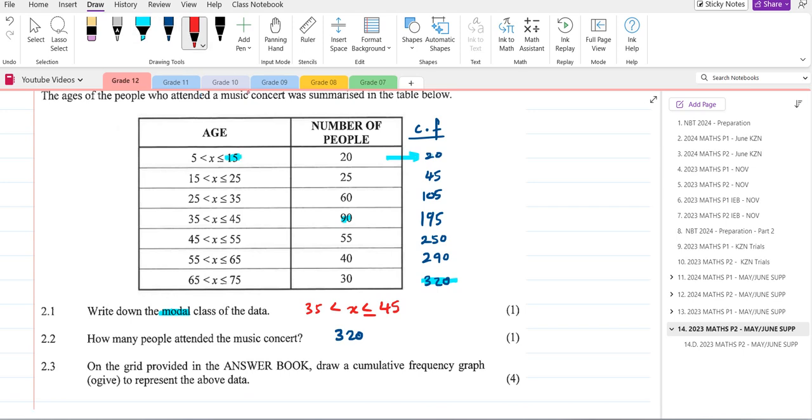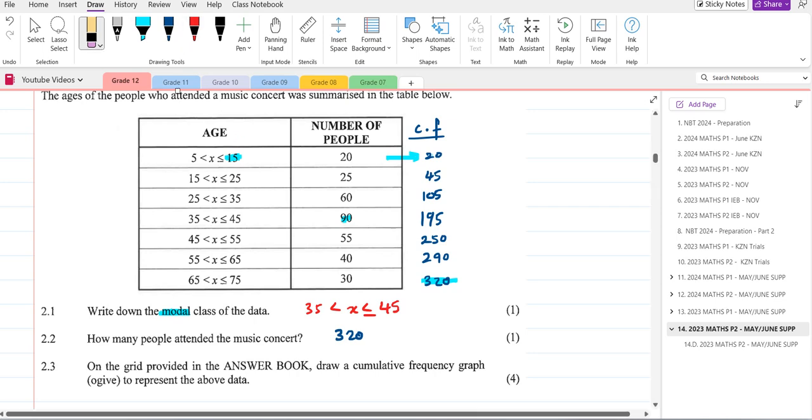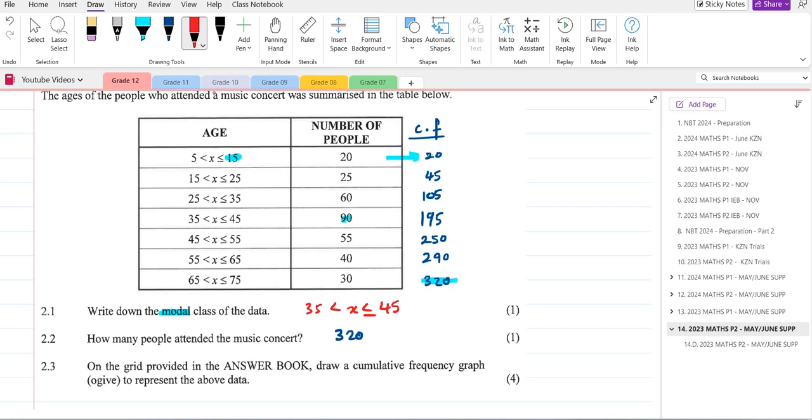Remember, these are the x points and these are the y points, and there's a point before this. The point before this will be 0, 0. So remember to start at 0, 0. The thing is, should we start at 0, 0 or should we start at 5? And yeah, we should start at 0, 0.